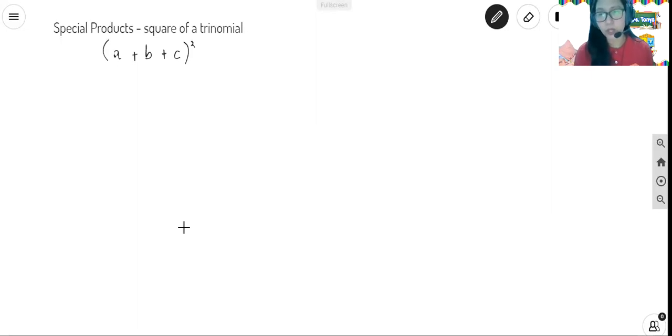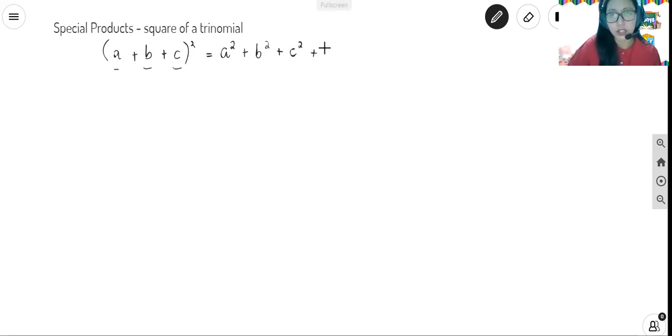So how will we do this? How will this be solved? First, you square the first term, plus the square of the second term, plus the square of the third term, plus 2 times the product of two of the terms.